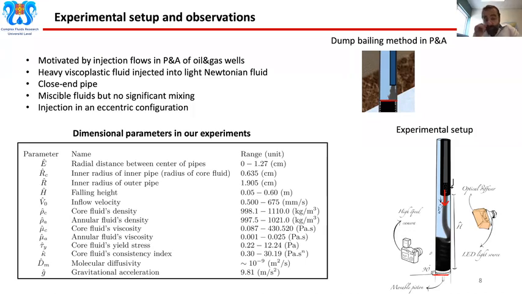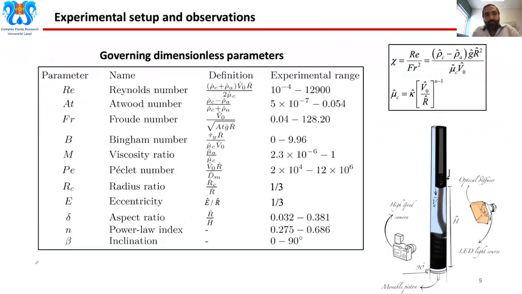We are using a high-speed camera and lighting to image this process. The dimensional parameters in our experiments are given here, including the eccentricity, the different radii in the flow, the falling height, the injection flow velocity, the different viscosities and densities, importantly the yield stress, and so on.